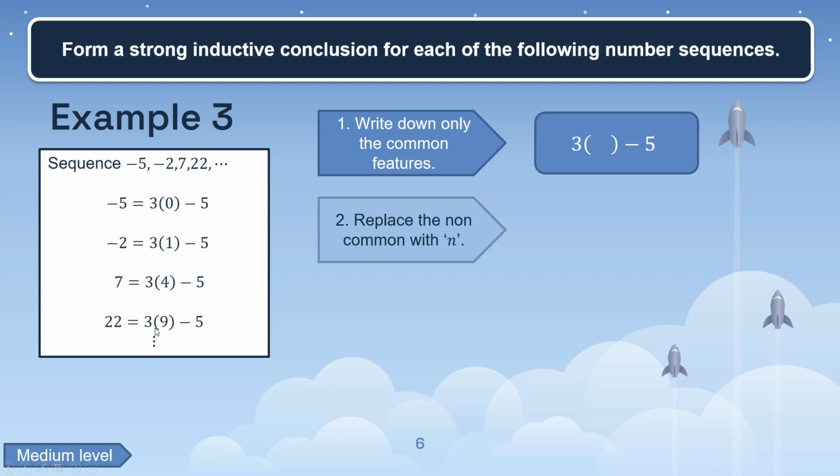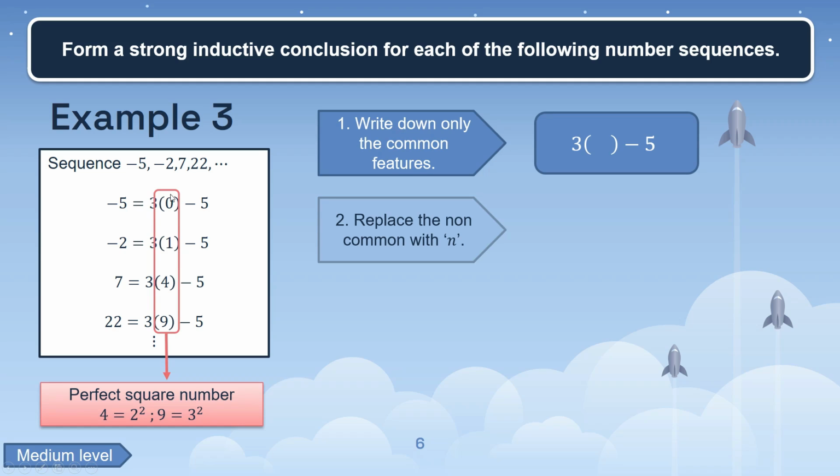So we already determined in the orderly form. Okay, this is the perfect square number. Okay, from 0 to 3.